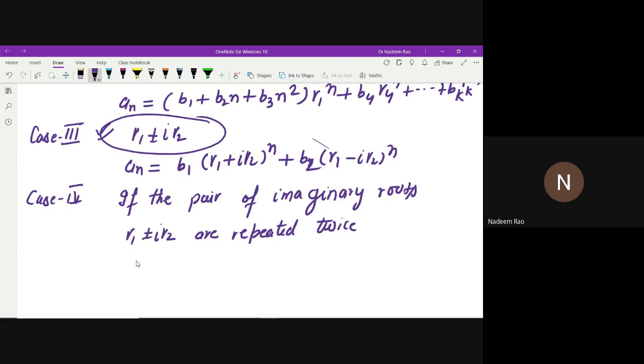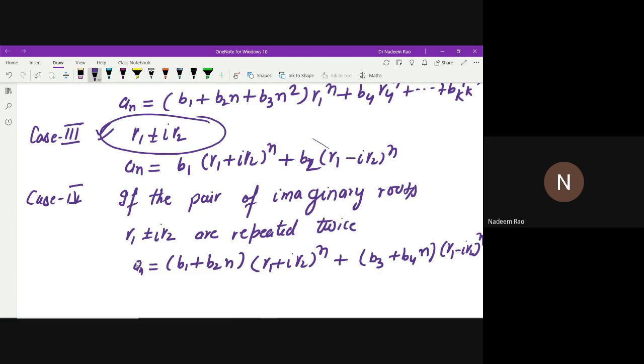Then the general solution is in the form a_n equals (b1 plus b2 n) (r1 plus iota r2) to the power n plus (b3 plus b4 n) (r1 minus iota r2) to the power n.